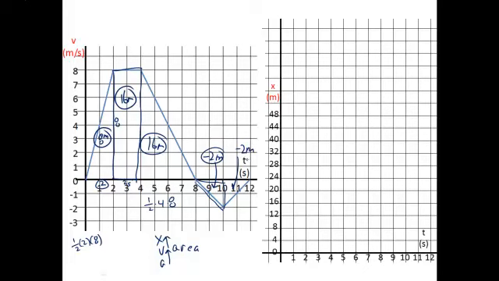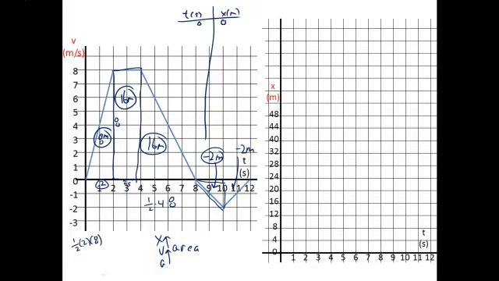So what I have to do is add all previous areas to find my total displacement. If I write out a graph of time in seconds and displacement in meters, I'm starting off with 0, 0.